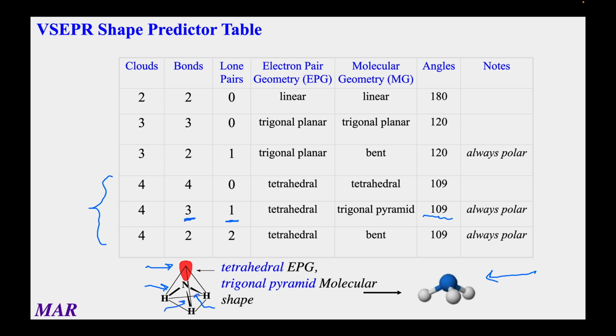And clouds means number of lone pairs plus number of connections to atoms. So in NH3, there were 3 connections to atoms, 3 bonding pairs, and 1 lone pair for 4 clouds total. So that's why we're going to use this particular row right here. And that means the EPG is tetrahedral, the MG is trigonal pyramid, and the bond angles are 109. And we'll talk about polarity here in a little bit.